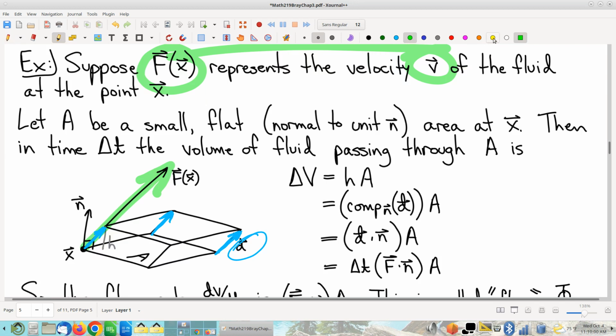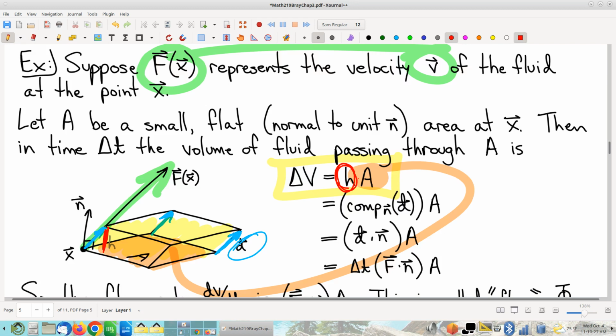Okay, so let's talk about the volume. The volume we're interested in is going to be the area in question times this height. Now, again, an old high school formula: height times area gives you volume.